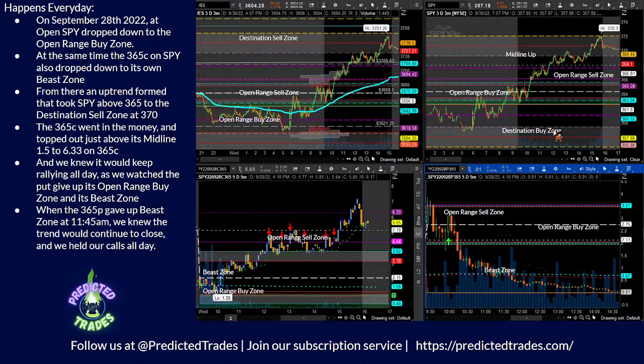Then I'll be watching a further out strike near our destination zones like the 370. So, 366, 370, 353, 360. I'll be watching all of those strikes just to get an idea if further out strikes or closer to in the money strikes are reacting with their buy zones.